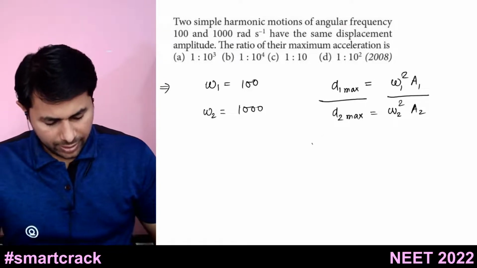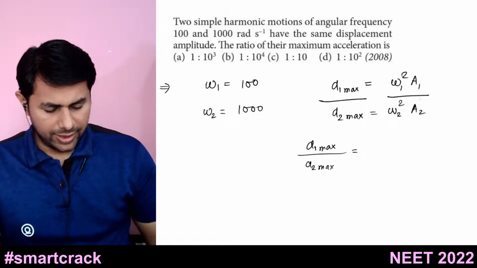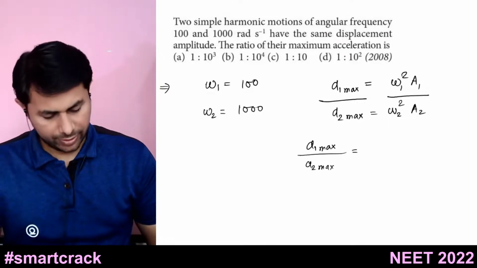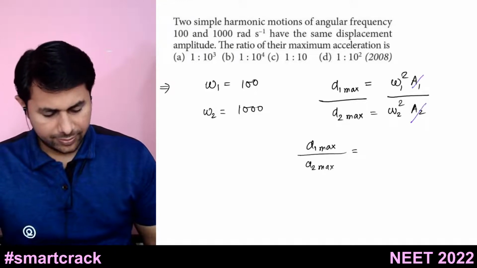So A1 max upon A2 max is equal to, since it's given that the displacement amplitude is the same, A1 is equal to A2, so we can cancel it out.